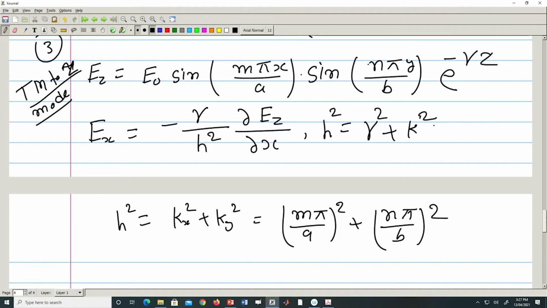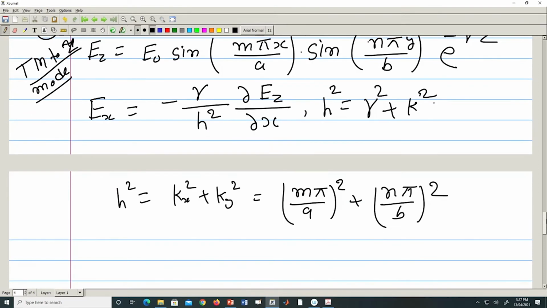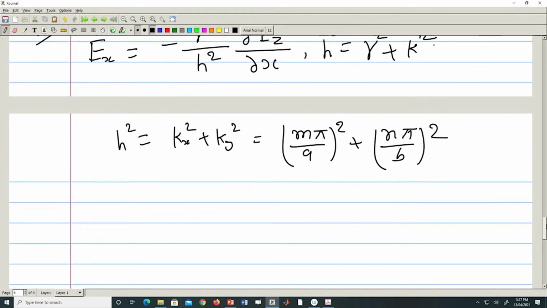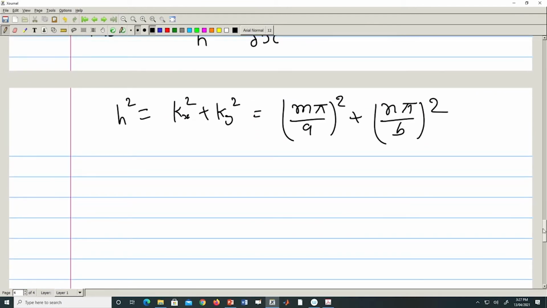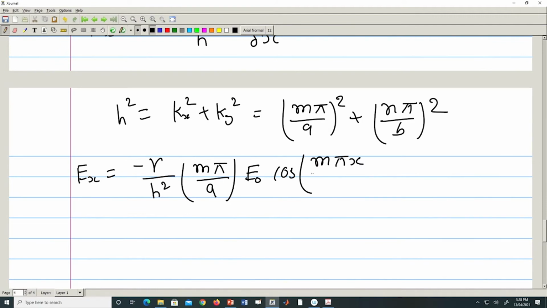So E x will be minus of gamma by h square, m pi by a E naught, and the sine will become cos of m pi x by a, because of differentiation, sin of n pi y by b e to the power minus gamma z. So E x can be defined like this.